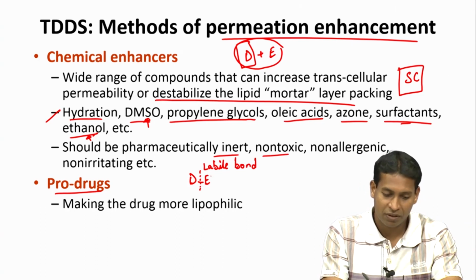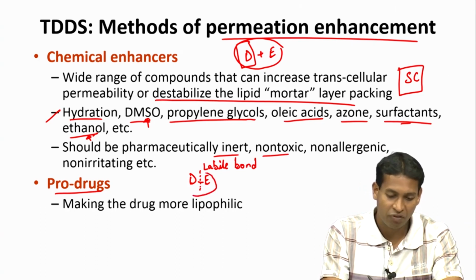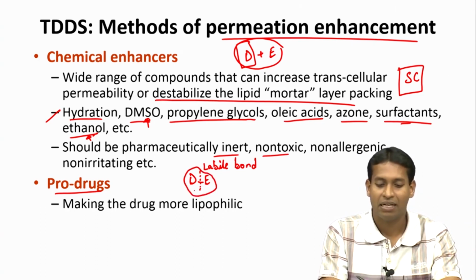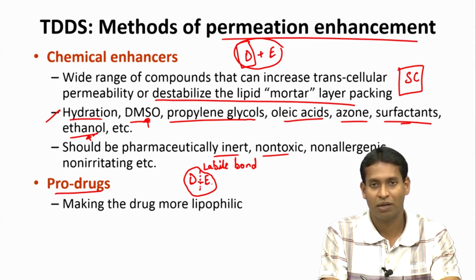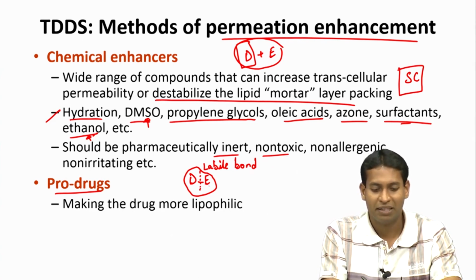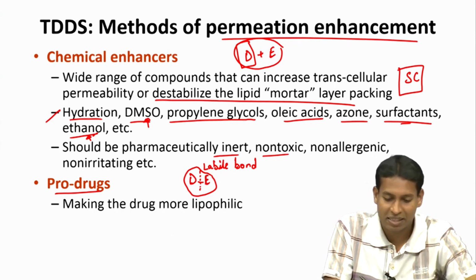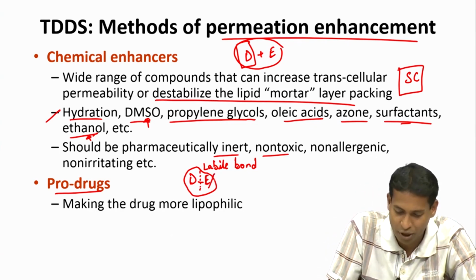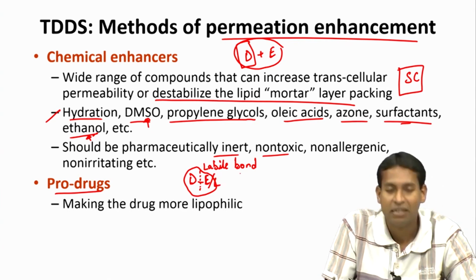Because now you are making the drug more lipophilic in this particular case, this lipophilicity will cause the drug to move much faster across the skin and in a much more efficient manner, but then eventually you do not really want this enhancer to be present right till the end, and in this case this enhancer could be just a moiety that makes it more lipophilic.